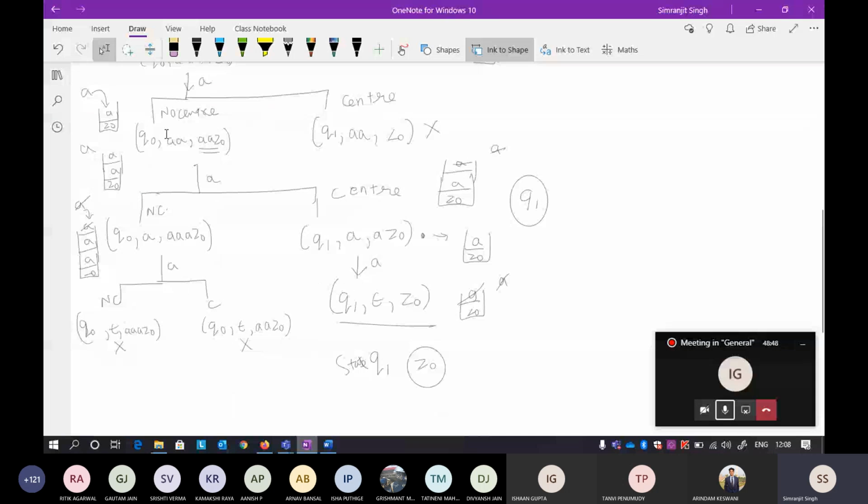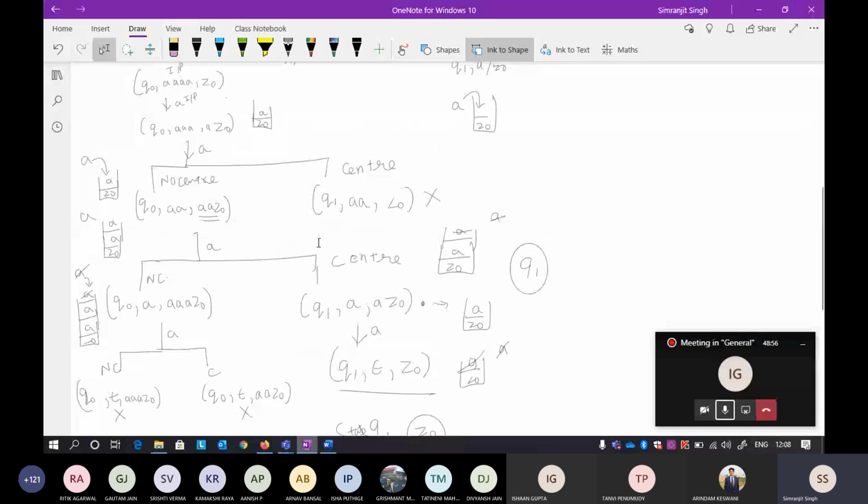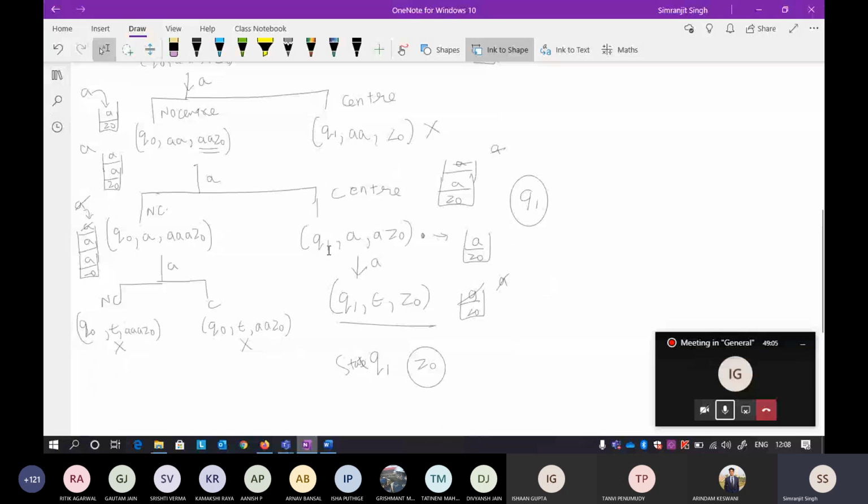At every step it will assume either a center has reached or a center has not reached. That is why it is a little bit difficult, and its expressive power is much more than a plain deterministic PDA.